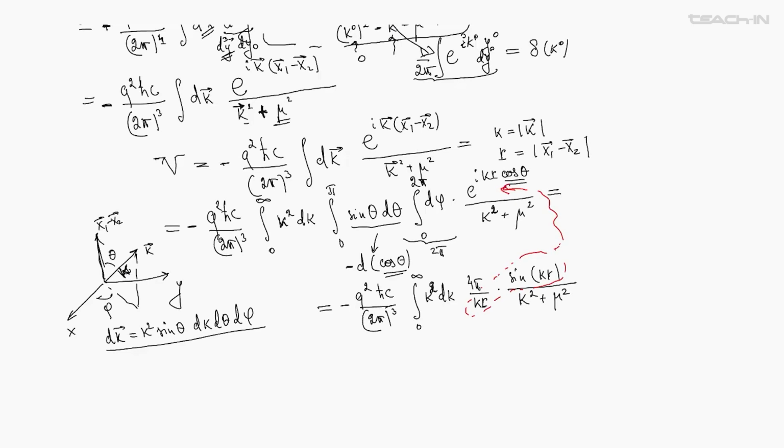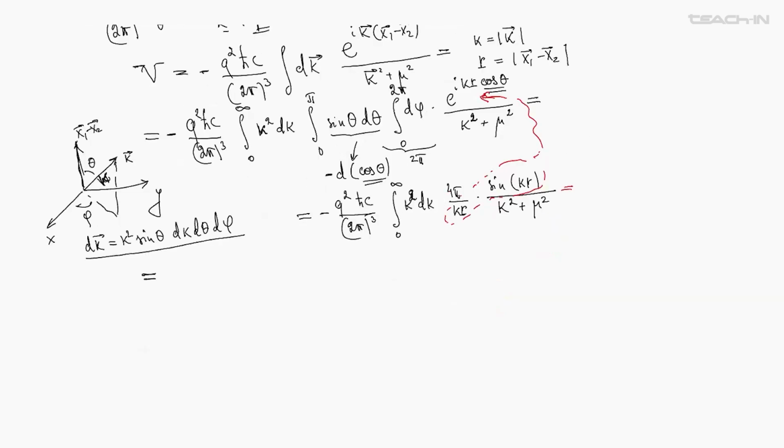Okay, so r you can take out of the integral and proceed as follows. So what you get is minus q squared h bar c, 4 pi partially cancelled with 2 pi cubed, leaving 2 pi squared.